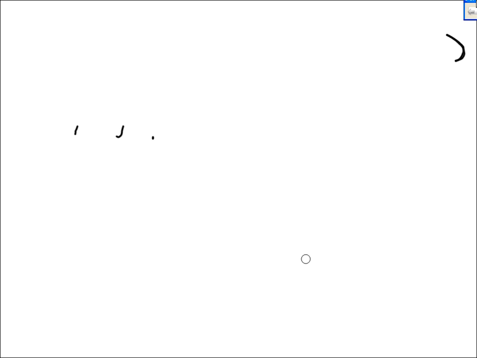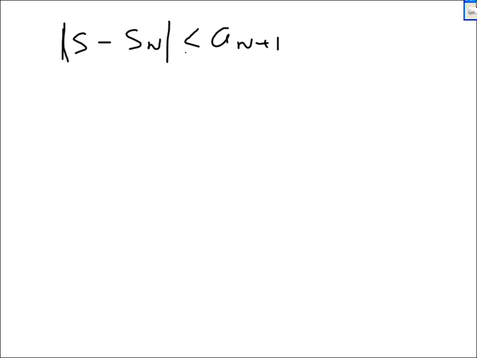It would take forever to add them up, and you don't want to take forever. It's okay if you're within 100,000 maybe. It's okay if you're within 10. So again, we know that the absolute value of S, the real sum, minus the sum of the first N terms is less than or equal to a sub N plus 1.